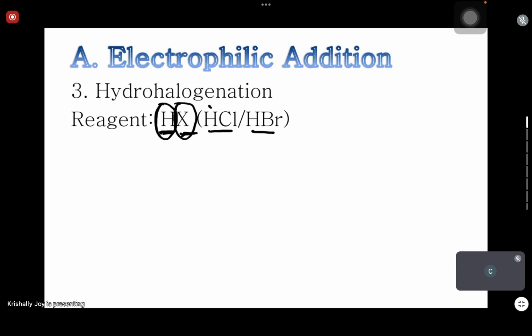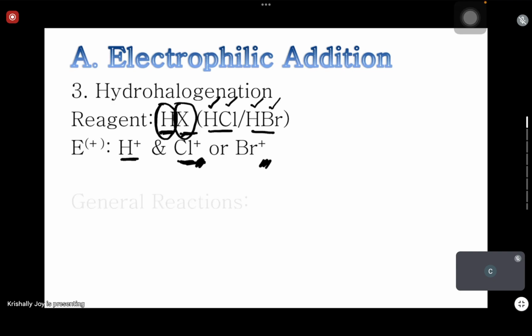Hydrogen, halogen. They are the most common reagents during hydrohalogenation. So the electrophile that will be added to the reactive site of the alkene is an H plus and a Cl or a Br, a chloro or a bromo, aside from H plus.